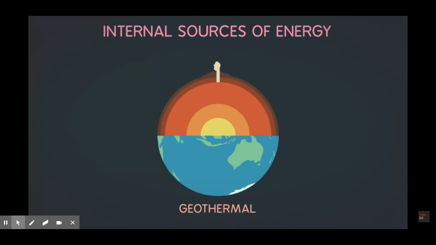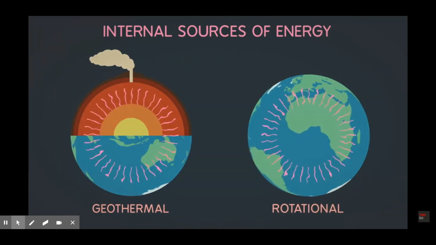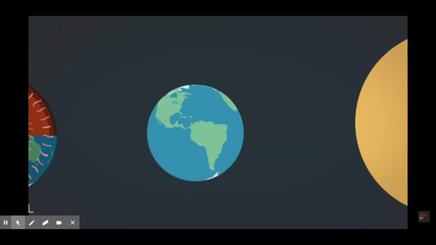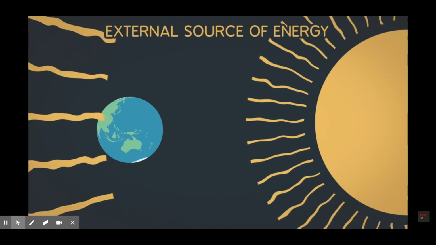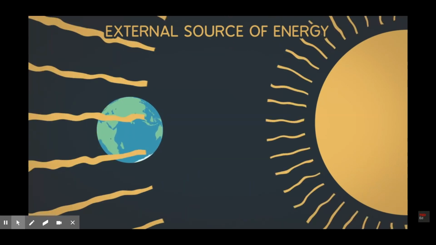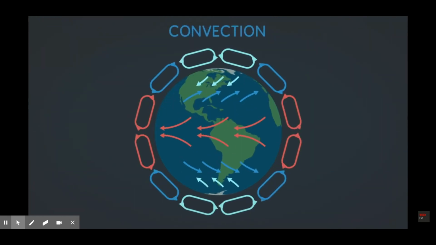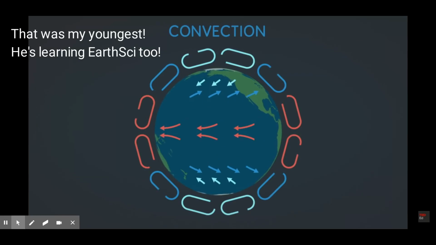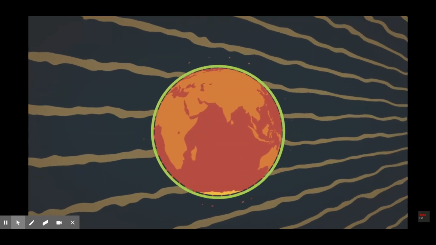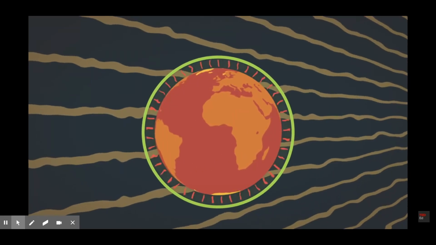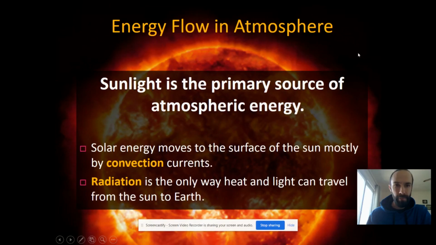Geothermal energy from radioactive isotopes and rotational energy from the spinning of the Earth are internal sources of energy, while the sun is the major external source, driving certain systems like our weather and climate. Sunlight warms the surface and atmosphere in varying amounts, and this causes convection, producing winds and influencing ocean currents. Infrared radiation, radiating out from the warmed surface of the Earth, gets trapped by greenhouse gases and further affects the energy flow. The sun is also the major source of energy.